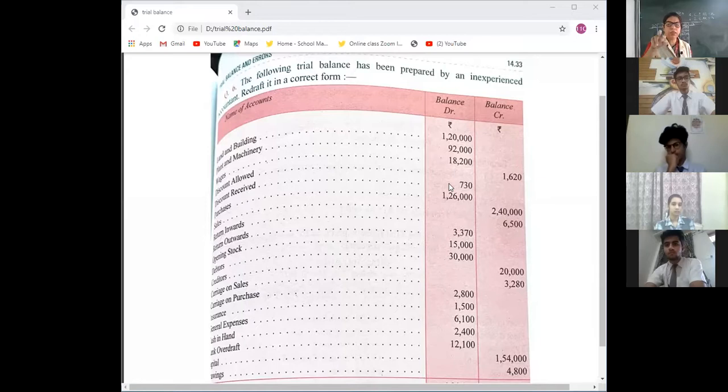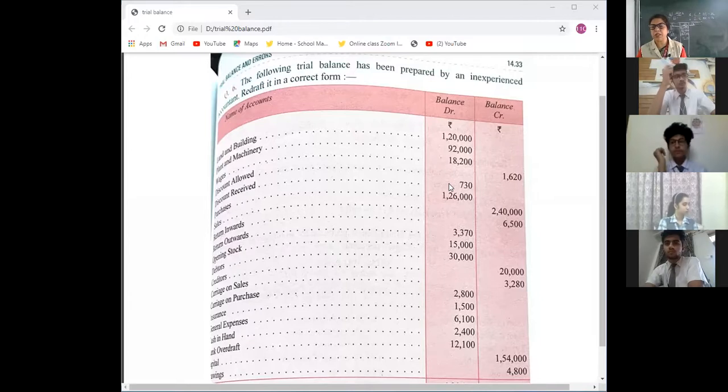But here these two things are given wrong. You can see the screen. Return inward, sales return will always be debit, but here it is given in credit, so it must be in debit. Return outward, purchase return, must be credited, but it is given here in debit, that is wrong. We transfer this amount to credit. Then opening stock is always an asset, that's why debit.